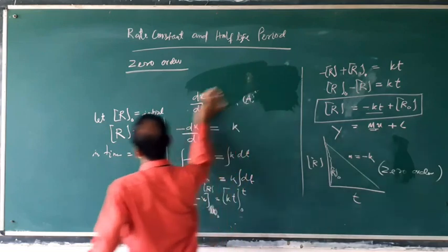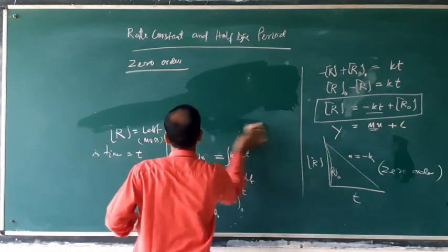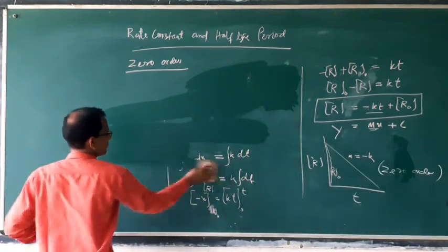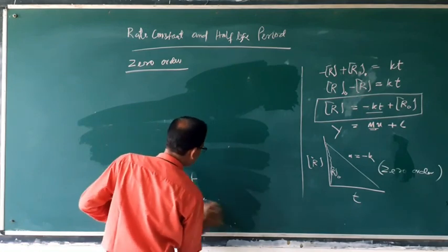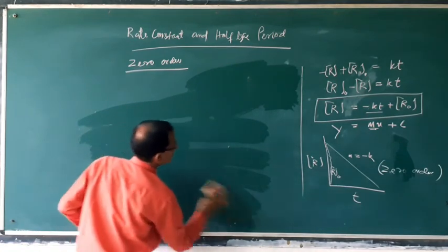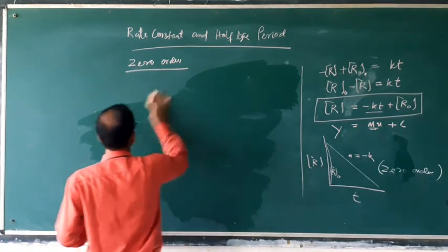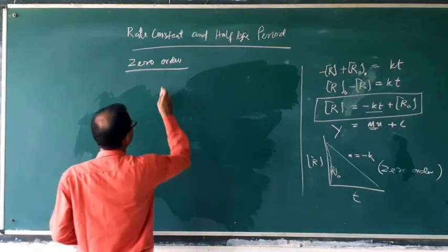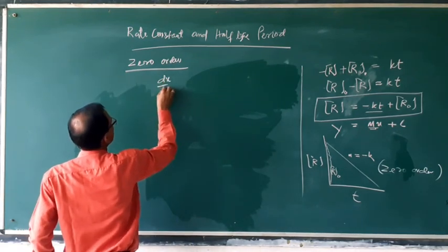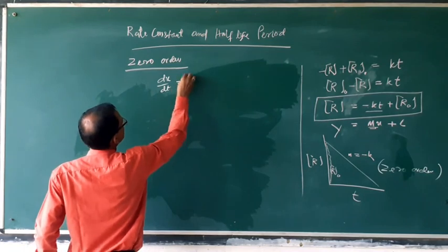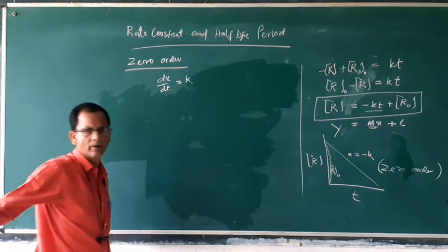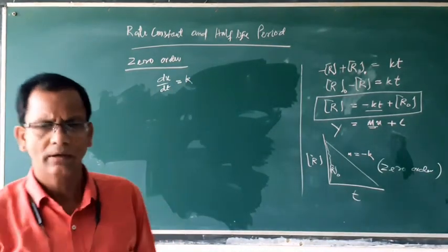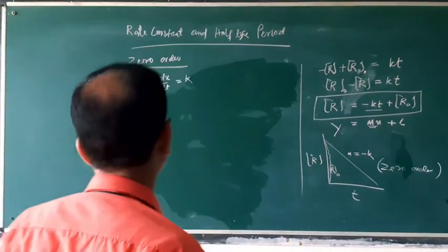Another thing: it is a zero order. Zero order means dx by dt is equal to k. What does it mean? It means rate is constant.